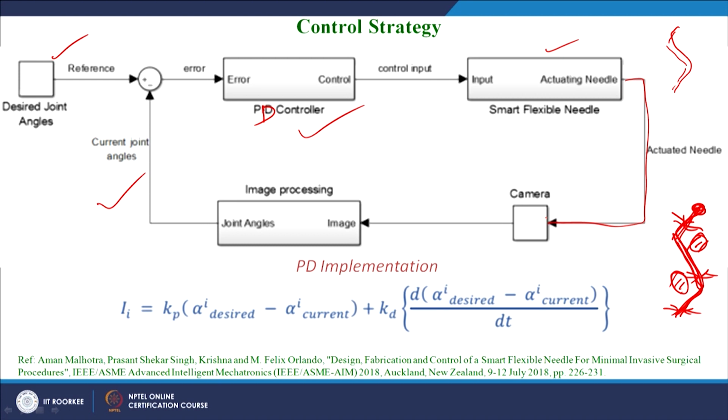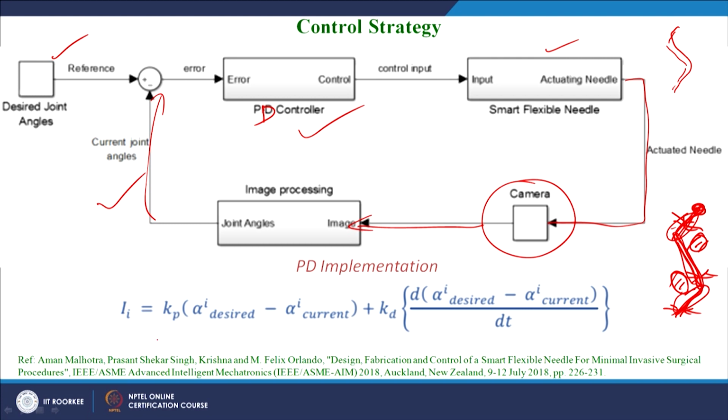That bending of the needle is captured by the feedback system, which is the vision feedback system camera. From that, image analysis is done to get the joint angle between the rectangular contours denoting the links, the joint angle between the flexible links of the needle, which is fed back as the actual joint angle of the needle. And then this control strategy is continued till we reach the final destination.